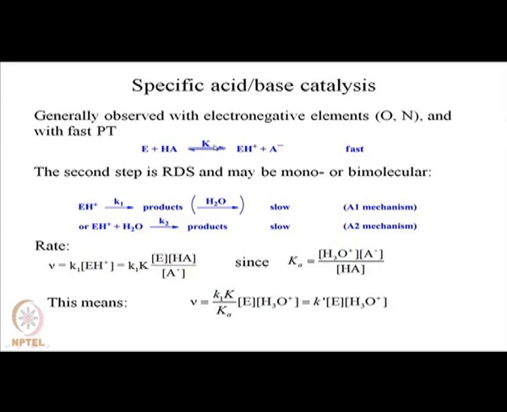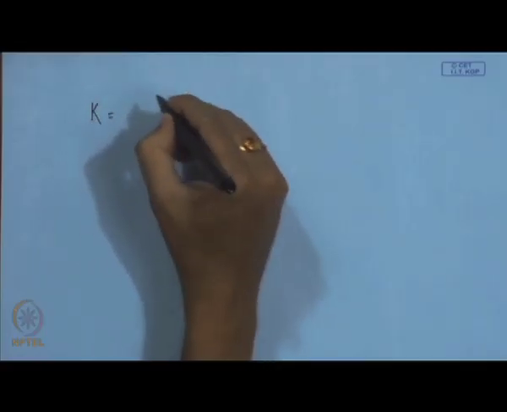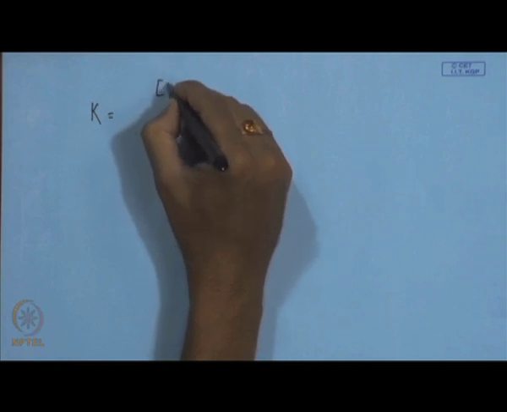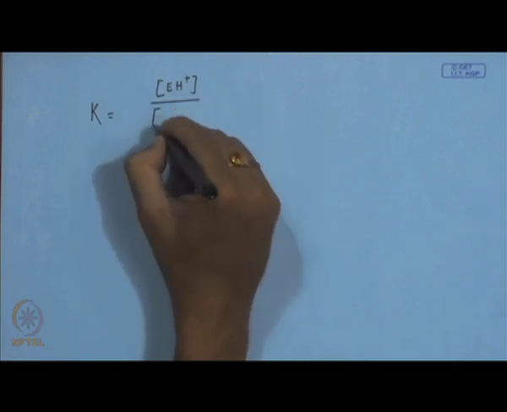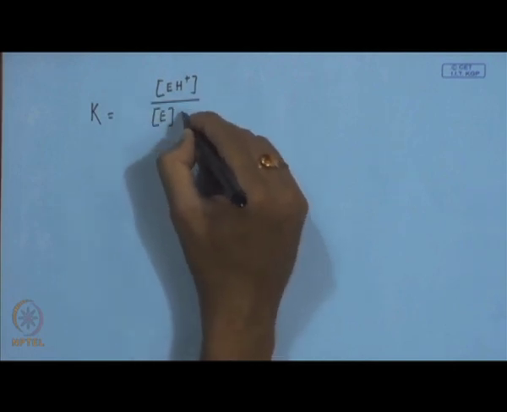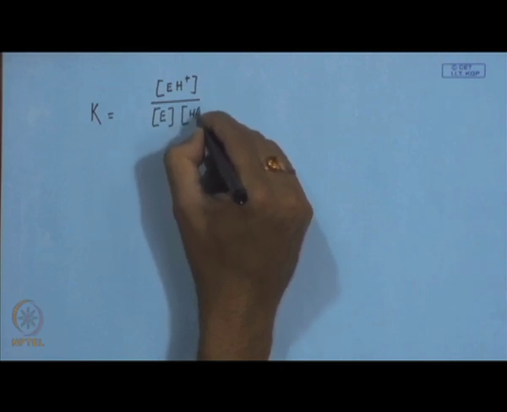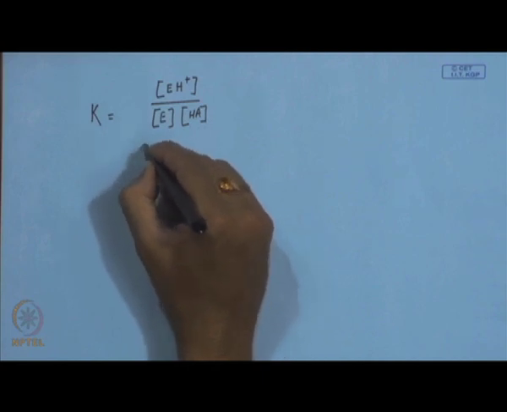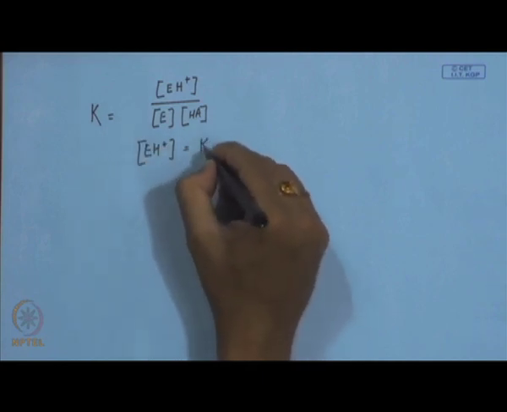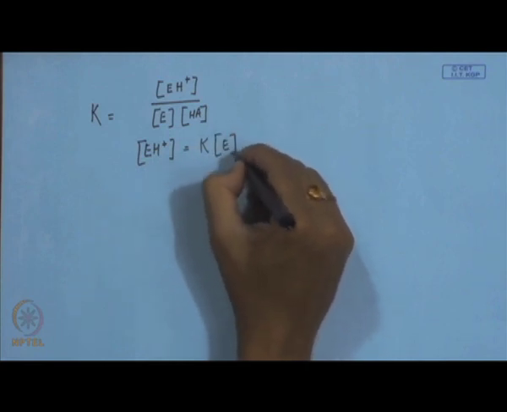EH plus means, you see, the equilibrium constant K is equal to the concentration of EH plus divided by the concentration of E and the concentration of HA. So EH plus is equal to K into E into HA.